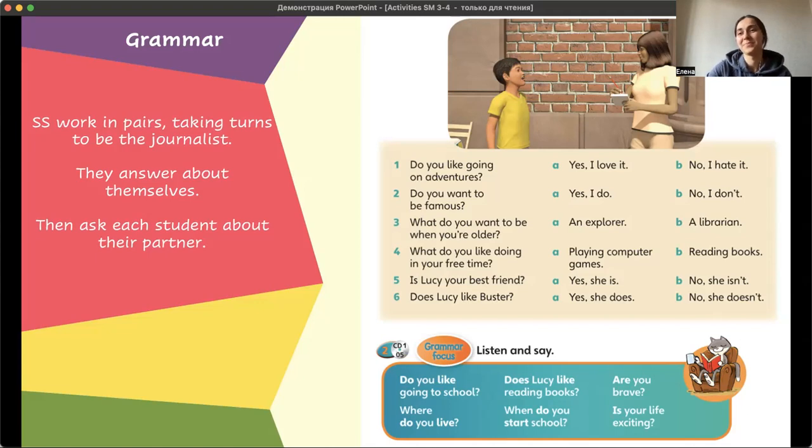So, what about you? How do you cope with this? I don't work with Superminds here. The general procedure is the same, but being a grammatically addicted person, I usually extend this activity and direct attention to the usage of do and is to make sentences.